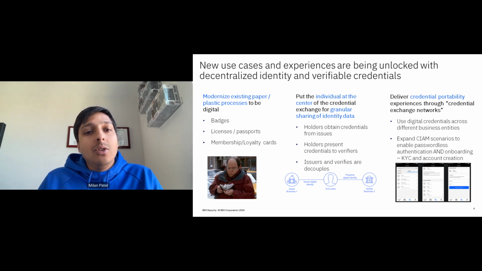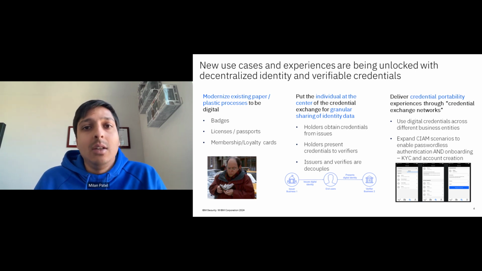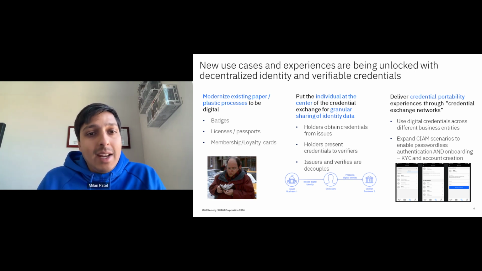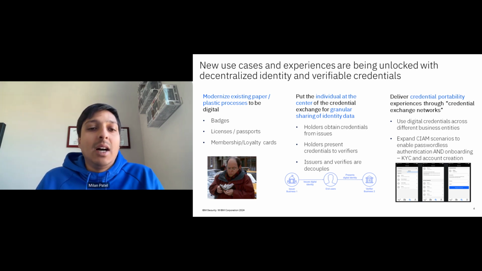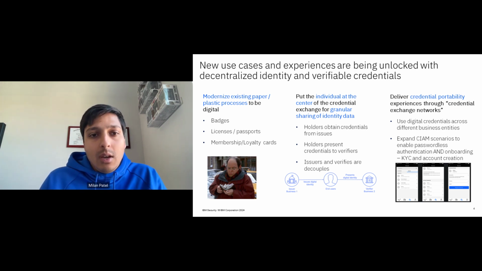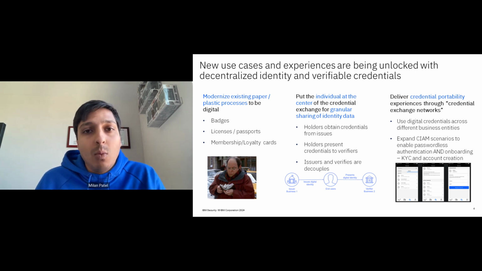And we're really putting the user at the center, where the user is able to permission which set of attributes as part of an interaction with an entity are permitted to be shared, but also allowing individuals to share that data in a very granular and selective manner. So we're really decoupling the notion between the relationships of issuers and verifiers in the traditional way that identity is exchanged today.